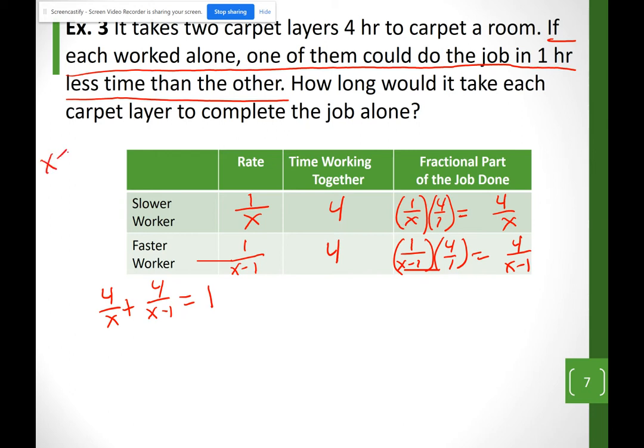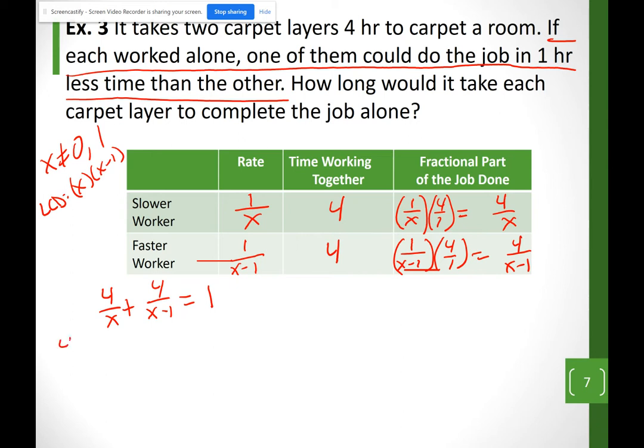Our X cannot be 0, because that will make the first fraction have a 0 at the bottom, and X cannot be 1, because that will make the second fraction have a 0 at the bottom. My LCD: I need an X from the first fraction, and I need an X minus 1 from the second fraction. So let's get rid of fractions.